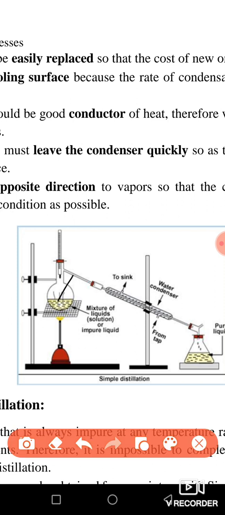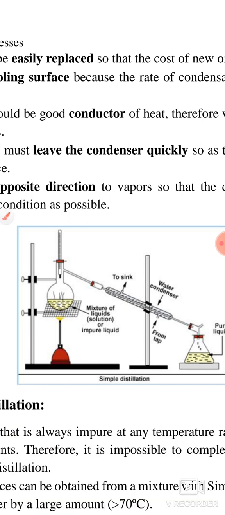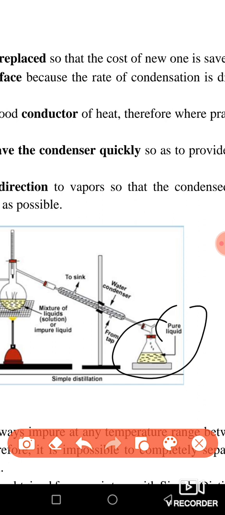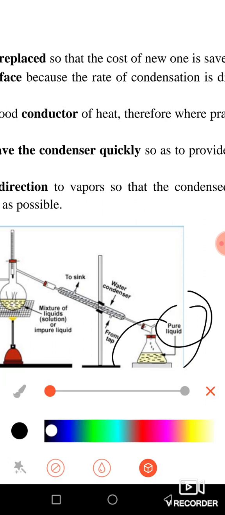This is the flask consisting of the liquid or solution, the impure solution. This is the thermometer. When you heat it, it becomes vaporized, and these vapors flow into the condenser, and after moving through the condenser they collect in the receiving flask, and in this receiving flask you will get your pure liquid.